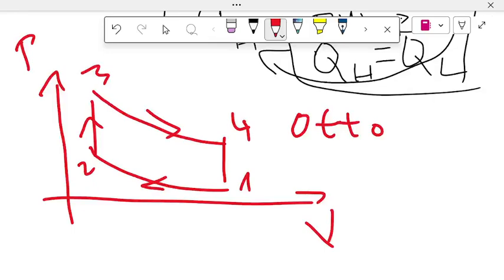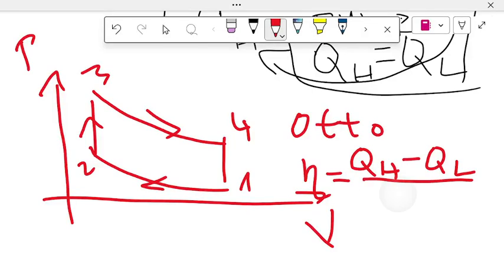In the Otto cycle the efficiency is the same: heat high minus heat low divided by heat high.